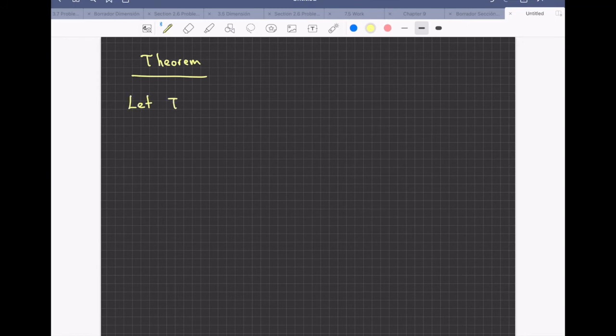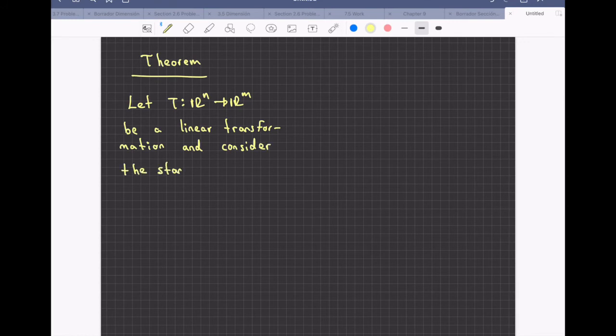If we have a linear transformation from Rn to Rm, consider the standard canonical base in Rn.